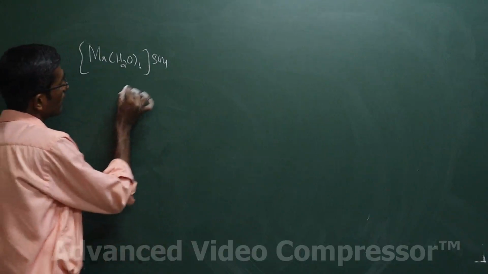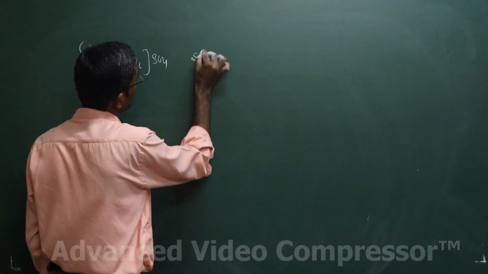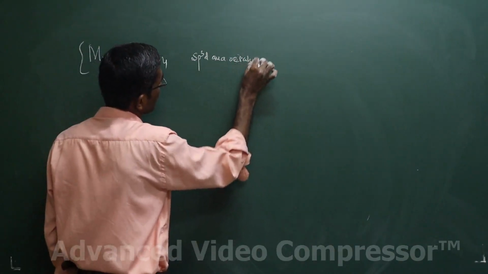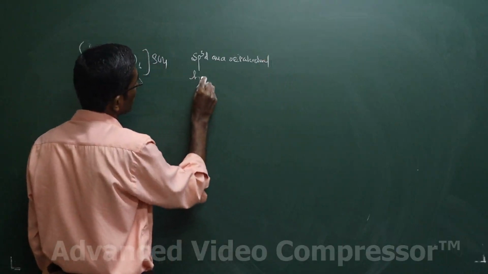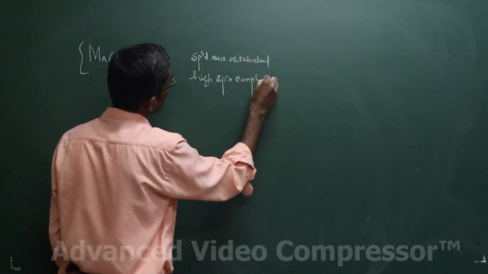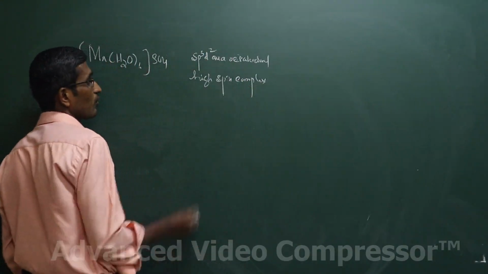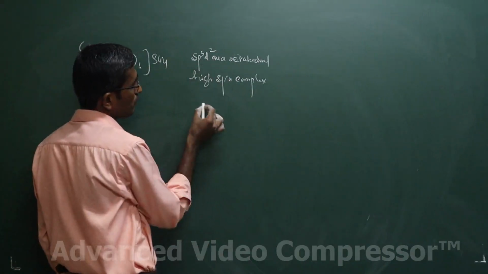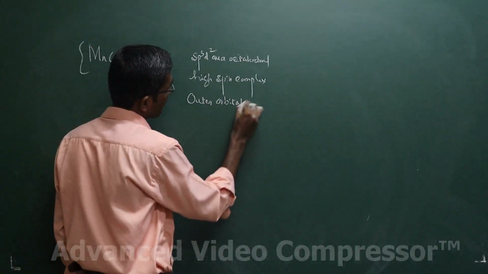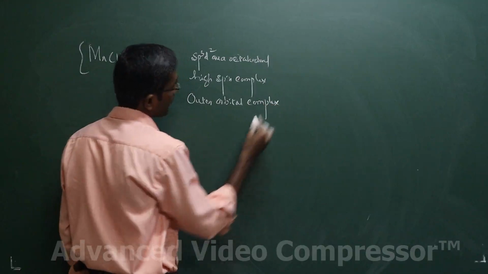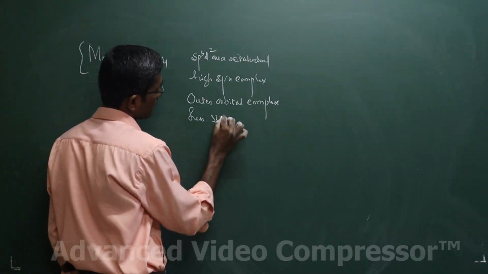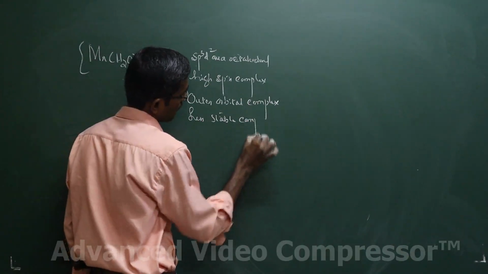Can we go one by one? Its hybridization is sp3d2 and geometry is octahedral. It's a high spin complex, and since the outer d orbitals are involved in sp3d2, it's an outer orbital complex.